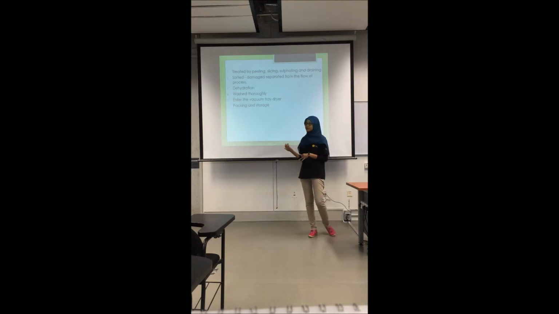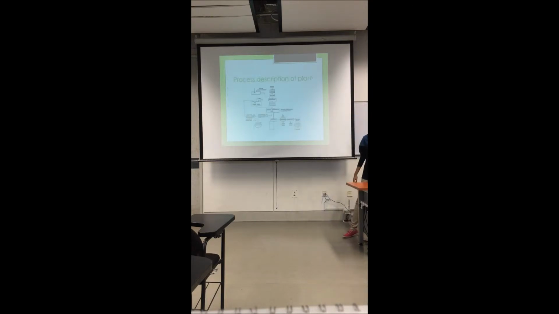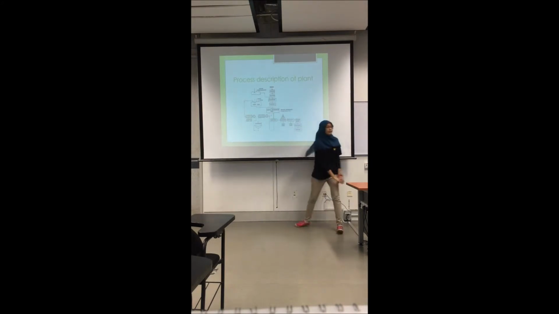We can assume it as banana or any kinds of vegetables. First, we treat it by peeling, slicing. See for the PFD, here is the part where there is the treatment.